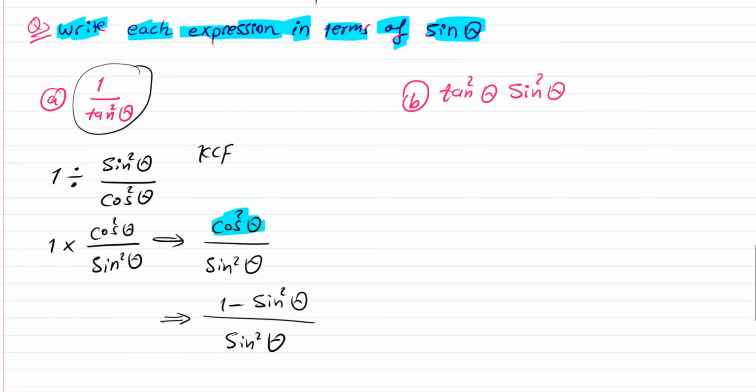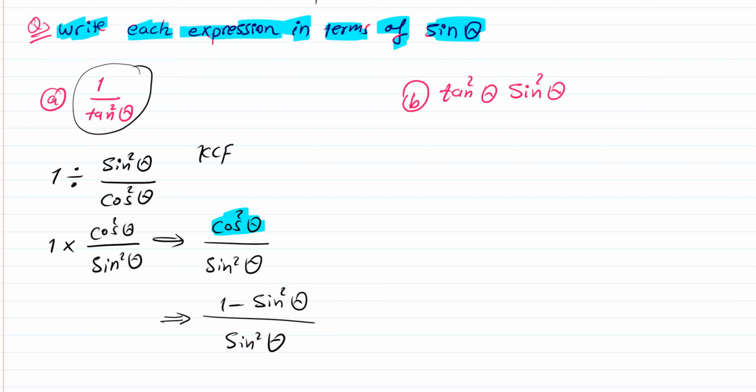There's another note. You can never ever simplify this sine square with the denominator. Some people will cancel. They say, I have sine square on top and sine square down, so I can cancel out and get only 1, and this is actually not correct. This is wrong. You know why?